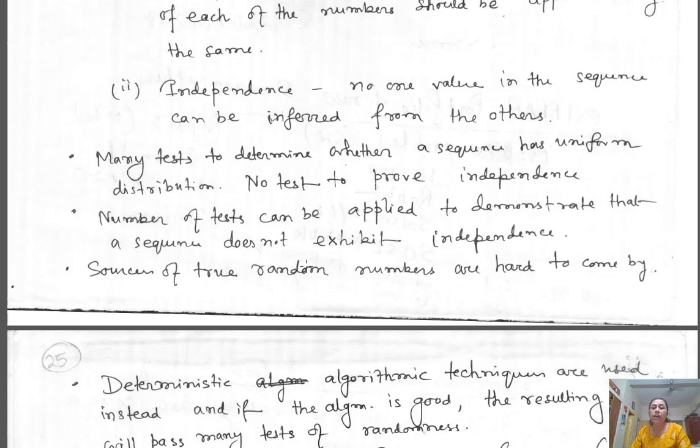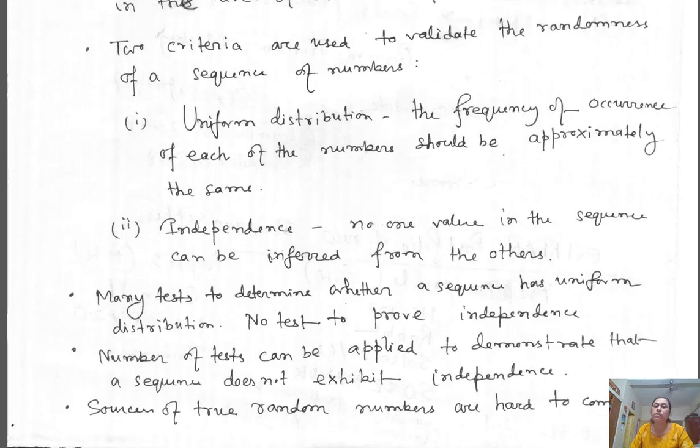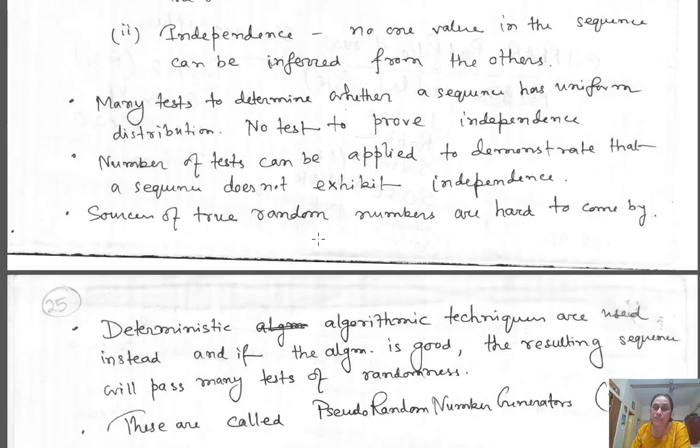So you have a random number generator, and whatever it generates, you can pass that sequence of numbers through several tests, and you can say, I have performed sufficient randomness tests, and it passes them. So it has sufficient randomness. There are several tests it has to pass to argue that it has sufficient randomness.